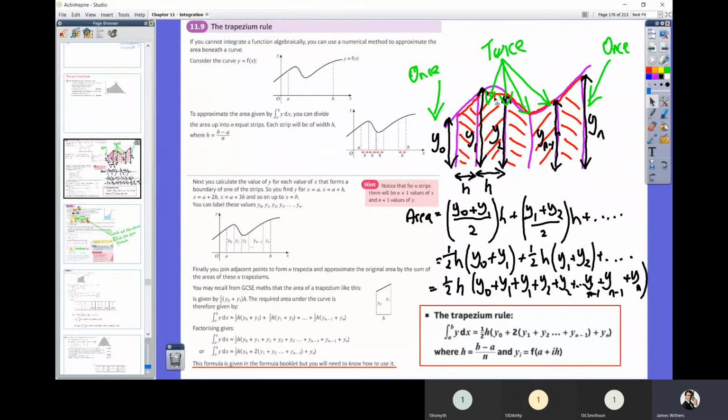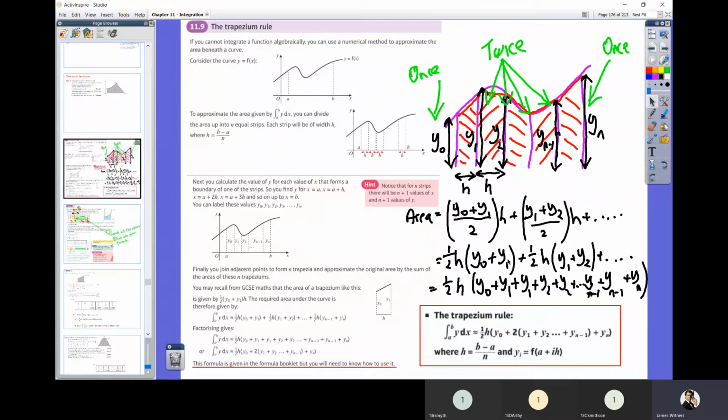Then moving on to this second trapezium, the left-hand side would be y1, the right-hand side would be y2, and you'd multiply that by h, and so on. So the second last trapezium would have sides yn minus 2 and yn minus 1, and the very last trapezium would have sides yn minus 1 and yn.